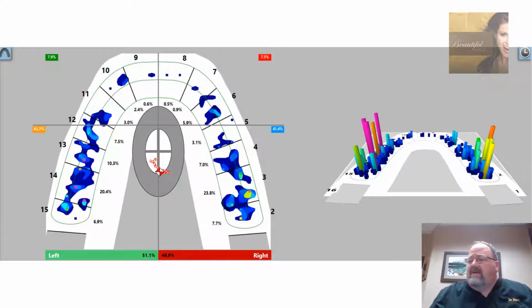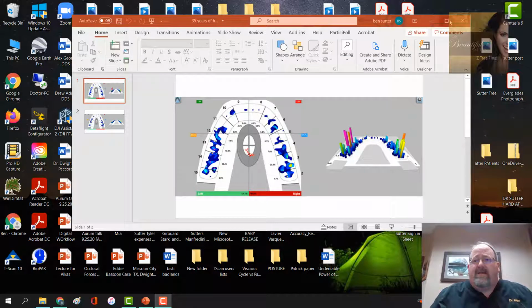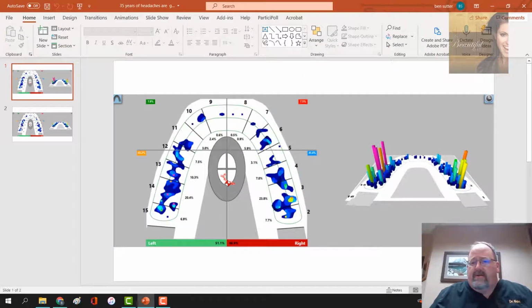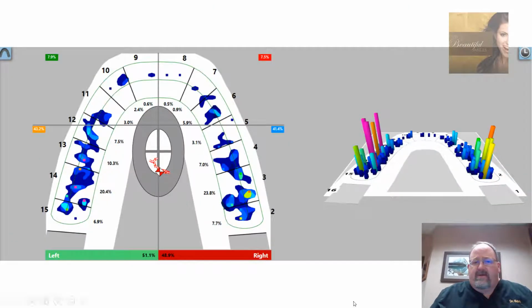And so today she came in, and we saw her for the first appointment last month, and what you're looking at here is just an abbreviated version of the T-scan data, but I took out a bunch of the stuff that would draw our attention away from the main point.